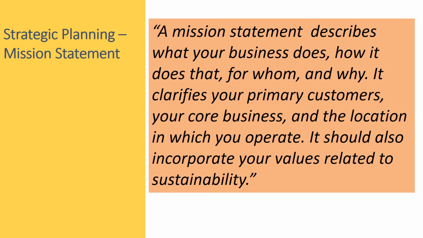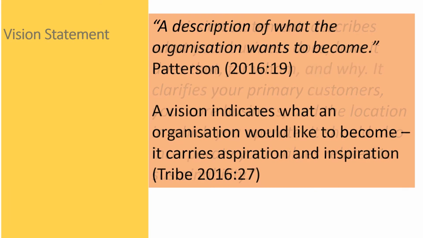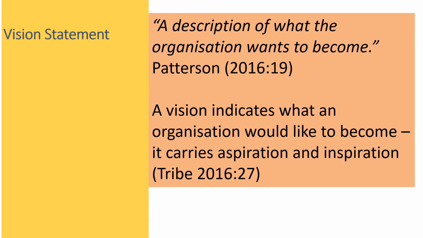So if we start with the mission, a mission statement describes what your business does, how it does it, for whom and why. It clarifies your primary customers, your core business, and the location in which you operate. It should also incorporate your values related to sustainability. A vision statement is a description of what the organization wants to become.